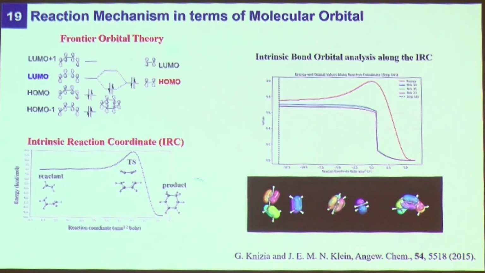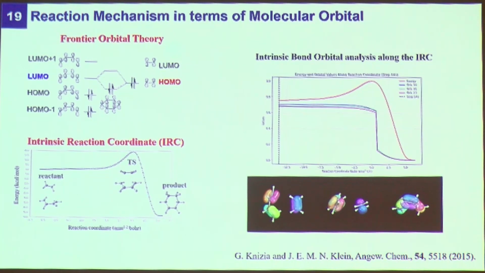And recently, intrinsic bond orbital analysis was proposed and used. In this method, localized orbitals are used. So actually, HOMO-LUMO frontier orbital theory uses canonical orbitals, so the molecular orbitals are delocalized. And a chemical reaction process is chemical bond dissociation or formation.